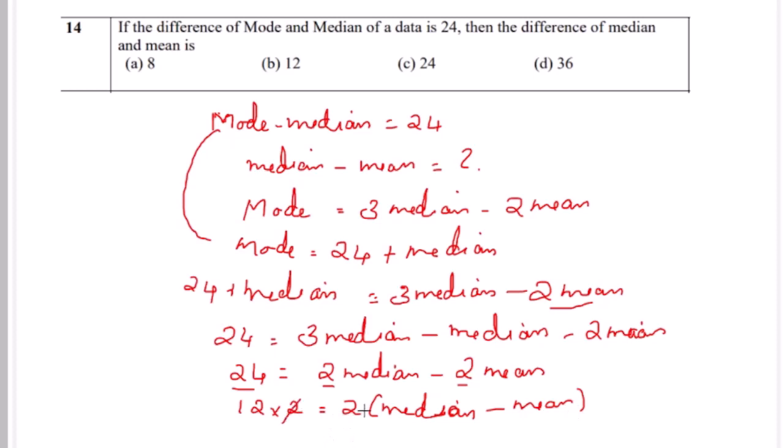Now this 2 and 2 get cancelled. Therefore median minus mean is equal to 12. So the question is the difference of median and mean. Then you can write this as 12. So this is option B.